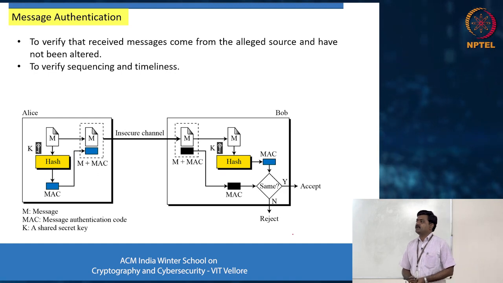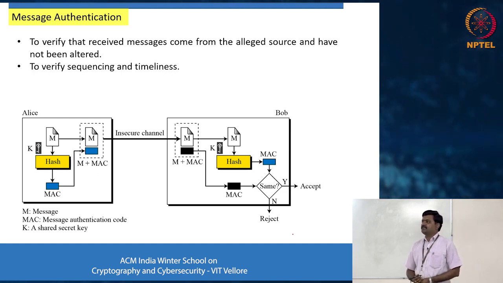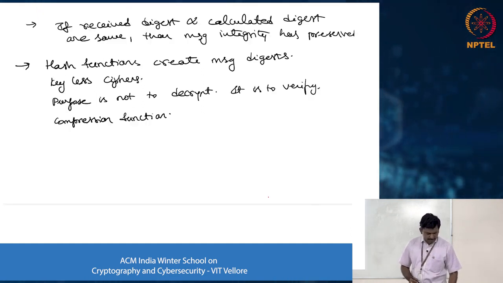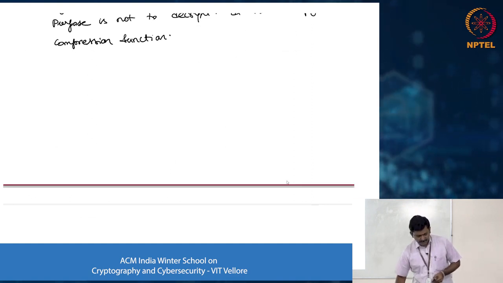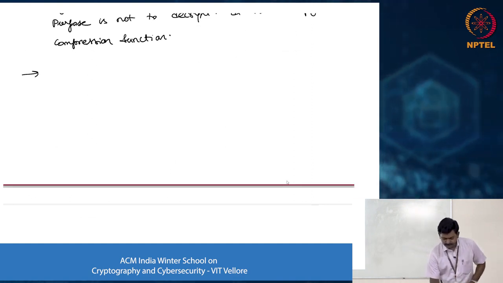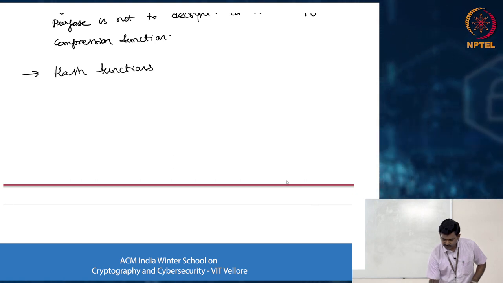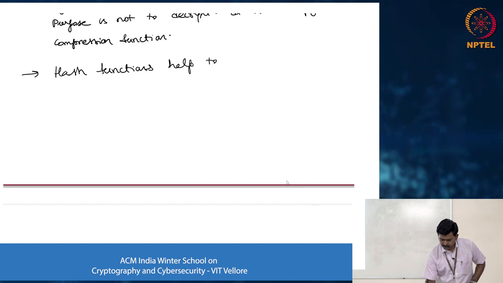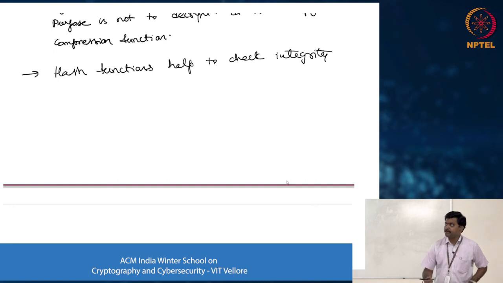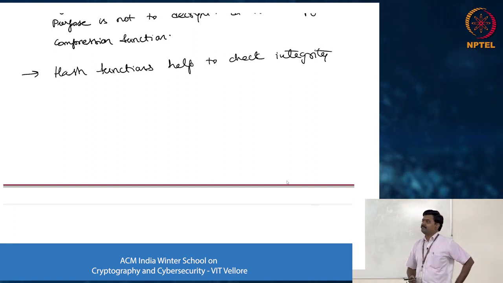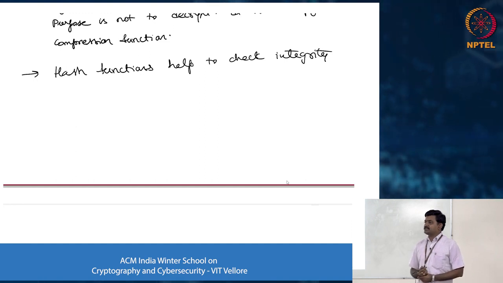Next, we also have message authentication, called MAC codes. What have we achieved with hash? Hash functions help us to check the integrity of the message.